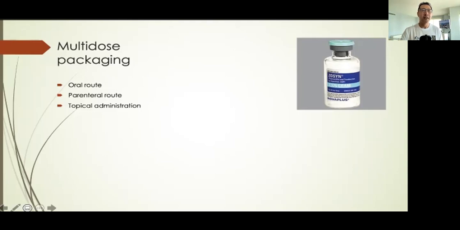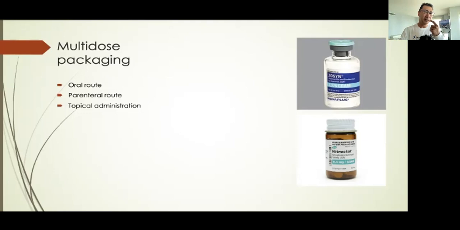Okay. Other multi-dose packaging is this, a nitro tab, sublingual. If you have a family member, a friend that has a history of MI and they get chest pains, they probably, I hope, they have this in their purse, in their pocket, in a pen, available at all times.